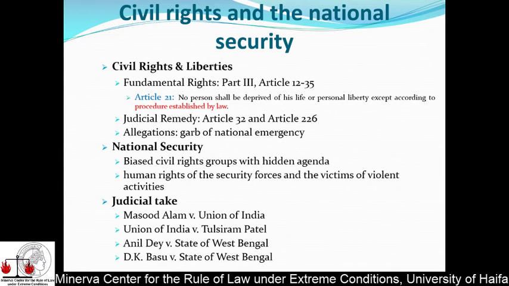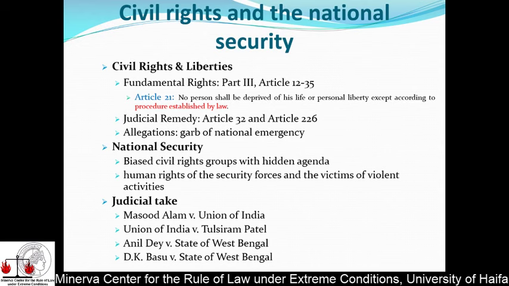Besides this, there is also an allegation of a hidden agenda of civil rights groups, that they are using foreign funding in order to stop the government's action against these groups. A big example can be seen in India's security scenario.